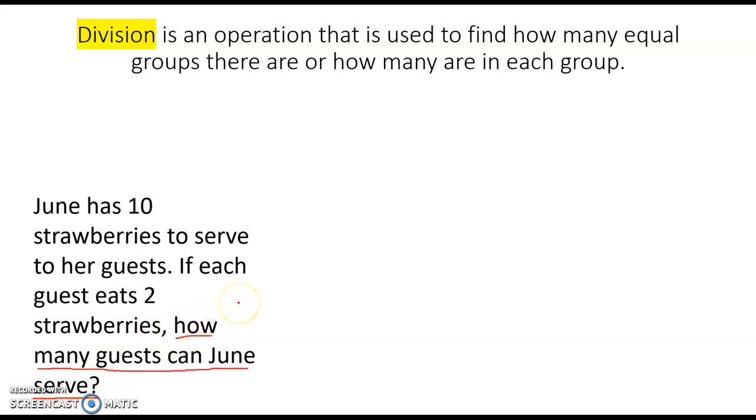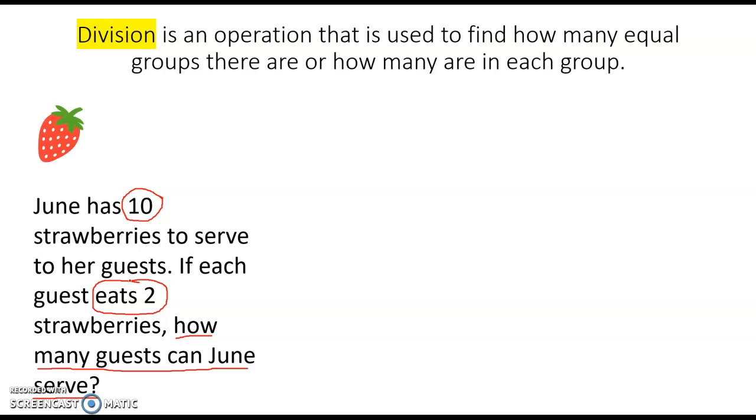What information is going to help us solve this problem? Right, we know that she has 10 strawberries, and each guest eats 2.